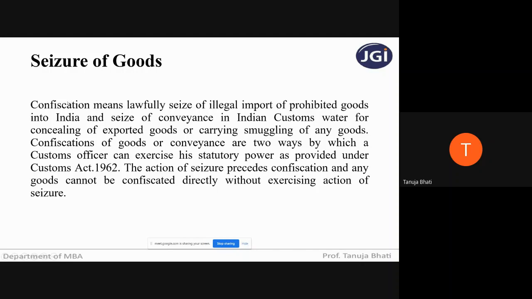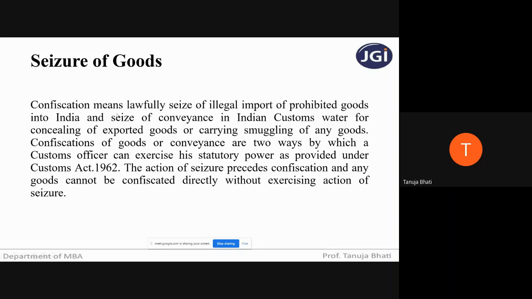So let us now understand. Confiscation means lawfully seizing. When the customs authorities confiscate the goods, they are lawfully doing it. They are giving you the punishment for seizure of illegal import.